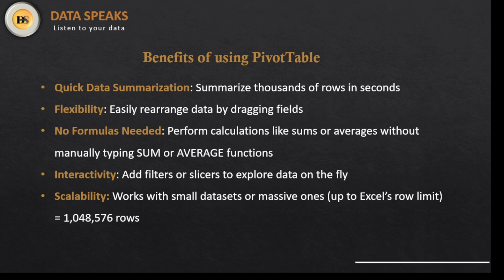Then the last but not the least is scalability. Work with a small data set or a massive one, up to the Excel row limit. We know the maximum Excel row limit is 1 point something million rows. So with your data falling under the range of 1 million, pivot table can help you analyze those data within a space of seconds, summarizing the data for whatever question you want to ask.